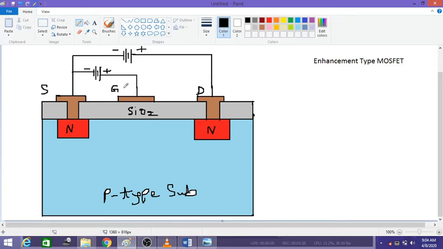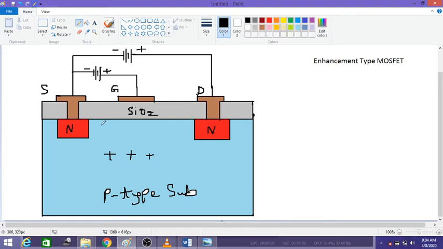Since I applied the positive potential, what happens? Due to this positive potential, an electric field is exerted, and the main substrate is of P type. Due to this positive polarity, the majority carriers get repelled. What are the majority carriers here? The holes are the majority carriers, so they get repelled.